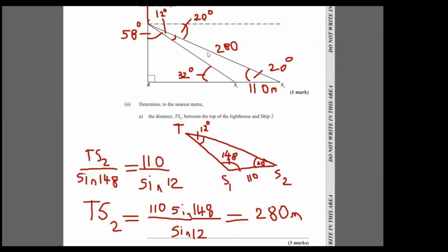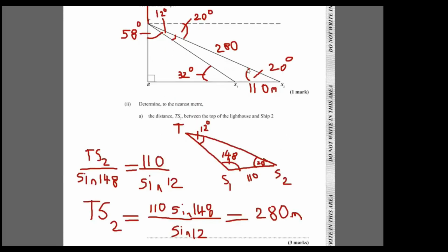Let's use sine, because we have theta as 20 here, using SOHCAHTOA. Sine 20 is equal to the opposite, TB, over the hypotenuse of 280. Did I use the right angle? Check that I used the angle of 20 degrees. Yes, I used the right angle of 20.